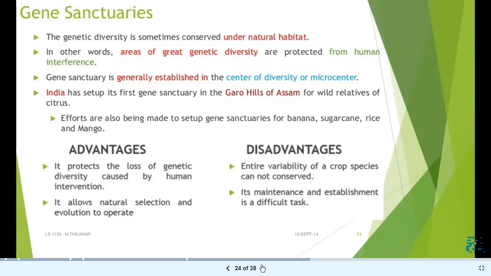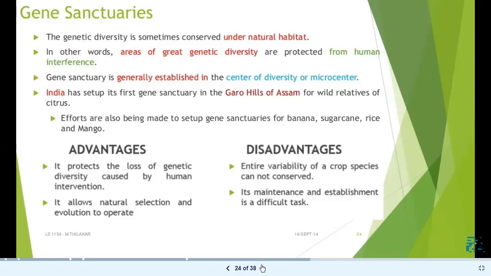India has set up its first gene sanctuary in the Garo Hills of Meghalaya for wild relatives of the citrus plant. Now efforts are also being made to set up gene sanctuaries for banana, sugarcane, rice, and mango.